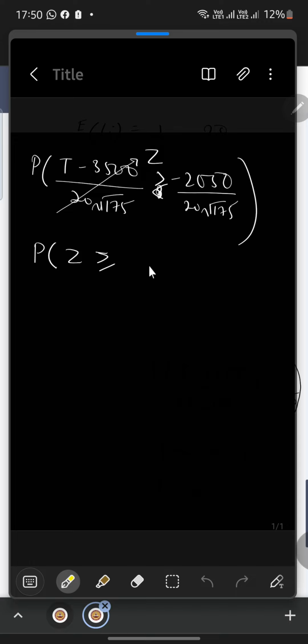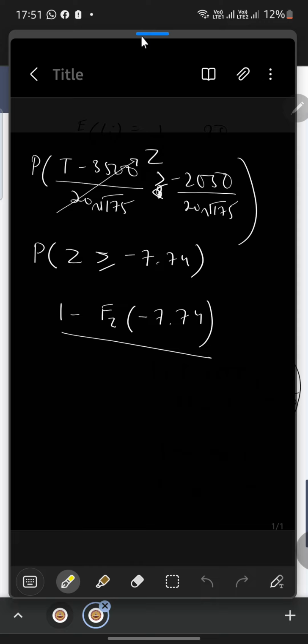So Z greater than or equal to, let me calculate this. This would be 102.5 divided by root 175, approximately minus 7.74, right? So we can write this as 1 minus F of Z at minus 7.74.